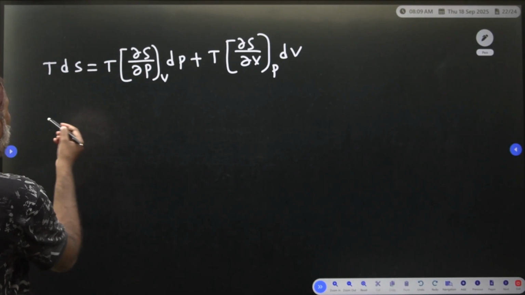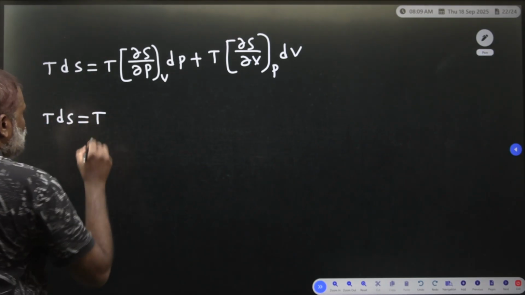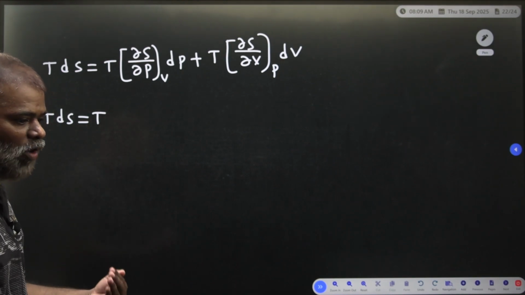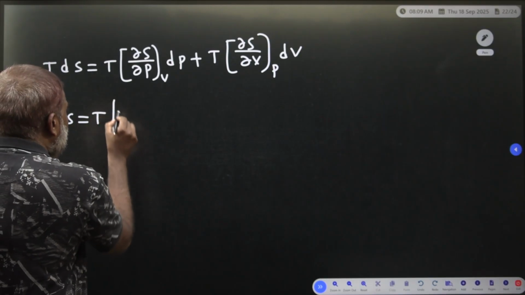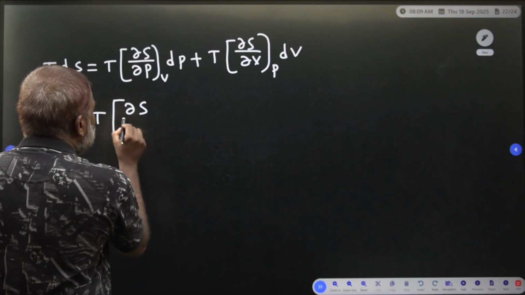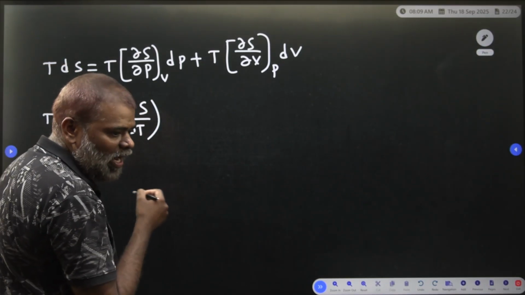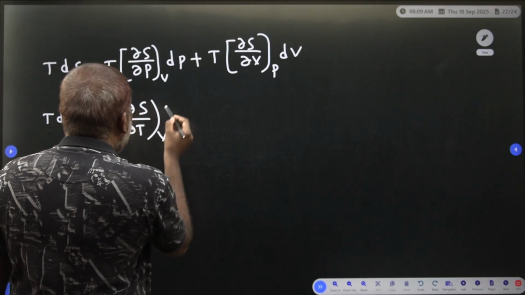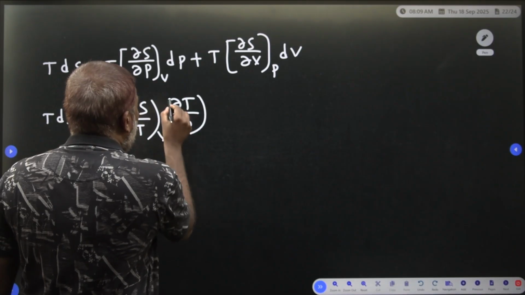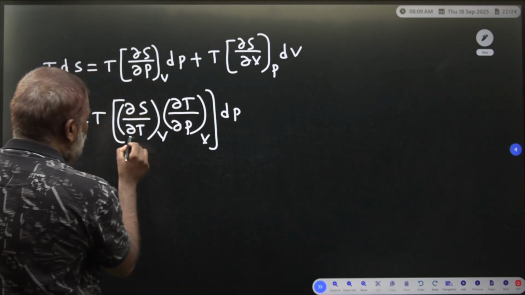So I have to rearrange this expression. Once you see, T into ∂S/∂T, I am multiplying with ∂S/∂T at constant volume, and here also ∂T/∂P at constant volume into dP.